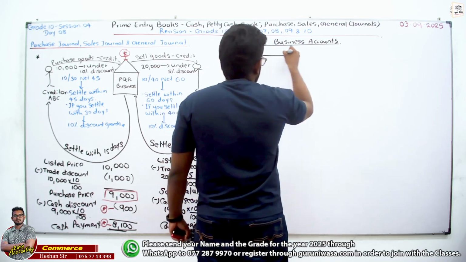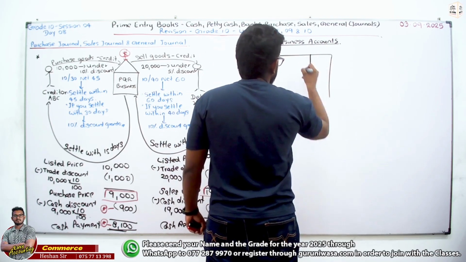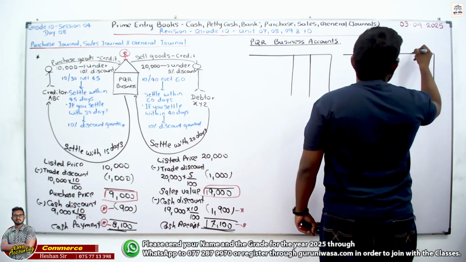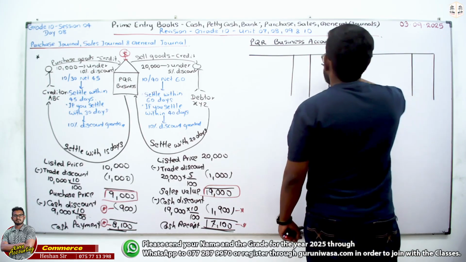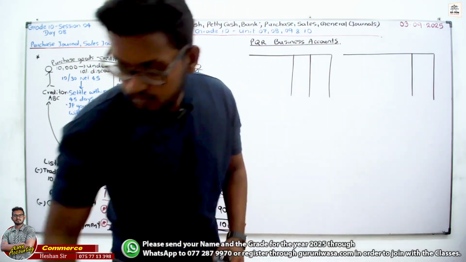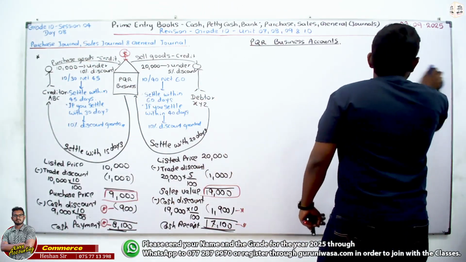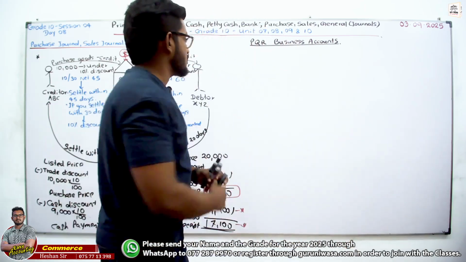In the format of, look here, purchase journal and the sales journal, right? I'm going to do the two accounts.